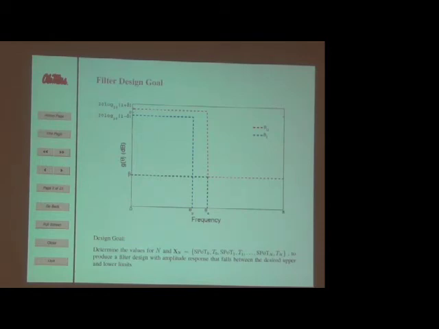All right, so here's my design goal. And I'd like, in this example, to get something that's as close to an ideal low-pass filter as I can get. So I allow some ripple across the pass band. And then I allow some frequency region to go from the pass band to the stop band.